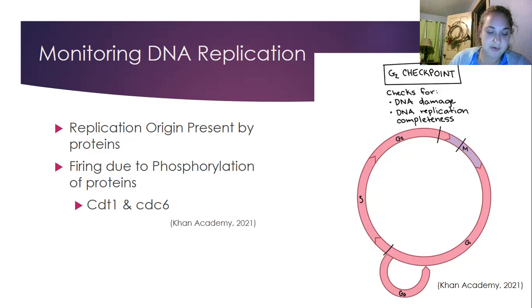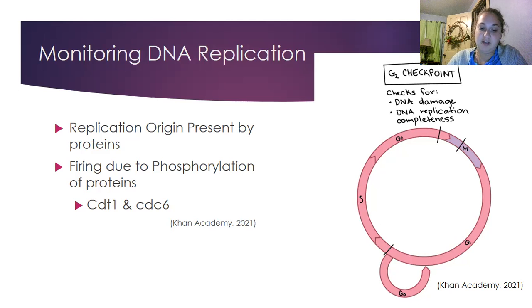The replication origin firing occurs because of two proteins that go through phosphorylation. And the proteins are CDT1 and CDC6. So these two proteins speed up the CDKs and the DBF4-dependent protein kinase, CDC7.